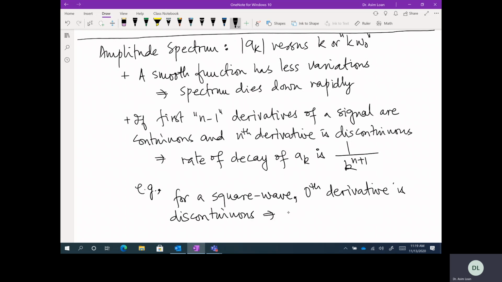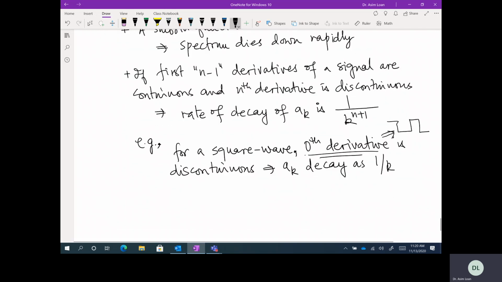This implies, and we'll see this in lecture 4, that a_k decays as 1 over k. Why zeroth derivative? Because the square wave is like this, right? This is the original signal, so the original signal is discontinuous.